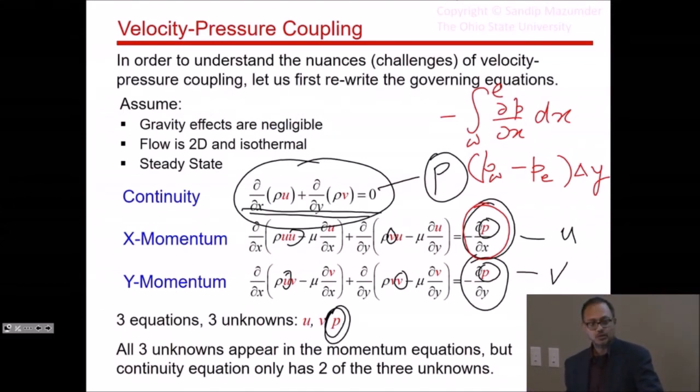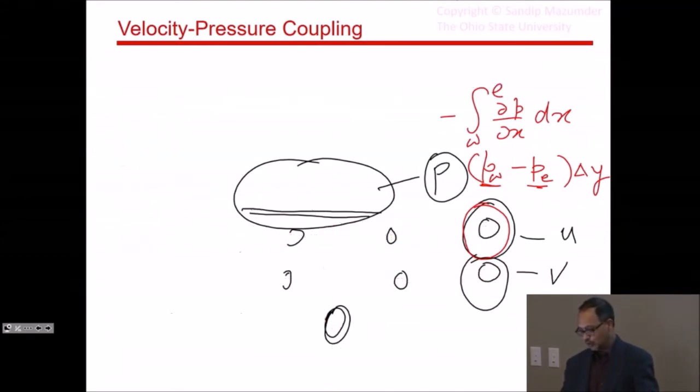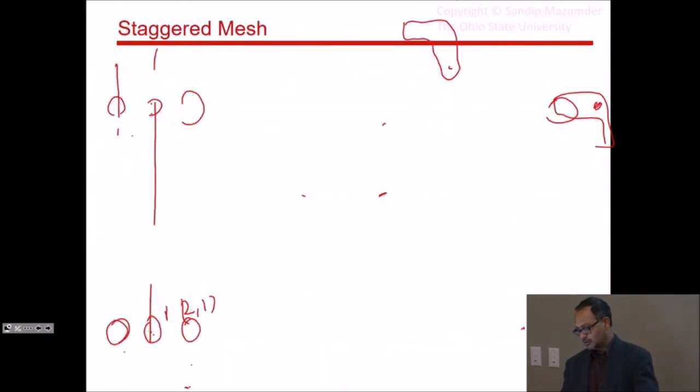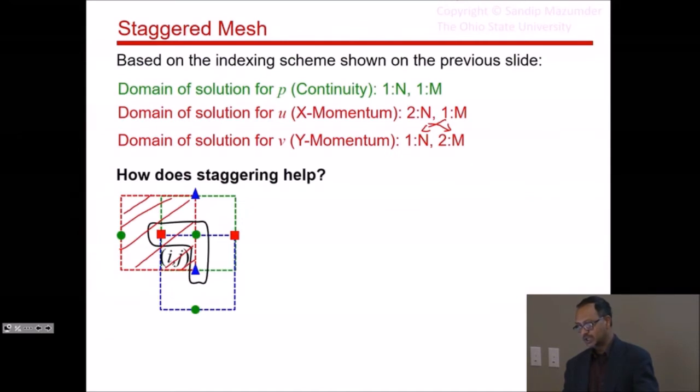The first integral gives me p west minus p east, and the second integral gives you the delta y. So it requires face pressures of the control volume on which I'm conserving momentum. Got that, everybody? If I'm conserving momentum on that red control volume, I need the pressure here and the pressure here, on those two faces for the x momentum.